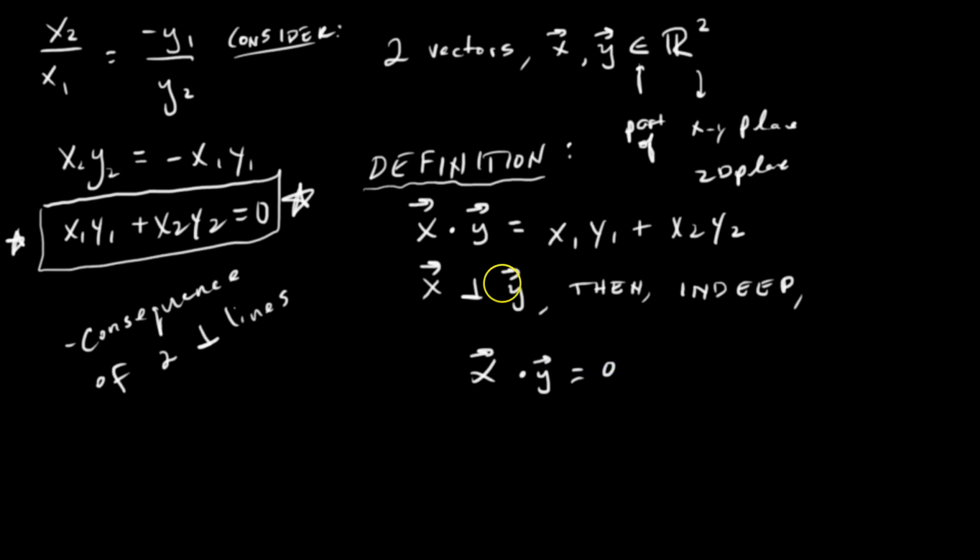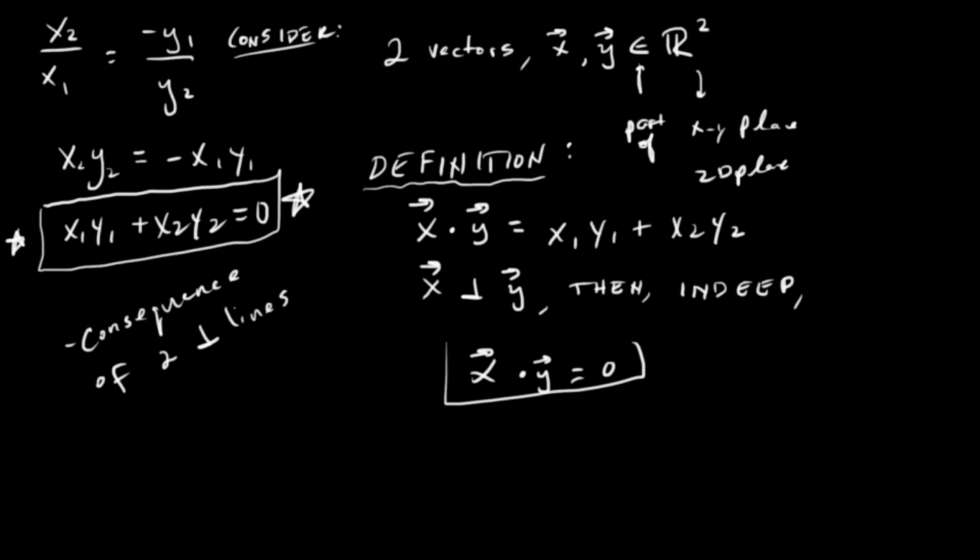Because if they're perpendicular, we get this result that x1 y1 plus x2 y2 is 0. But now I just said that the dot product is x1 y1 plus x2 y2. So if they're perpendicular, the dot product is equal to 0. And that's a very important formula. If two things are perpendicular, then their dot product is equal to 0. But this is only in two dimensions.